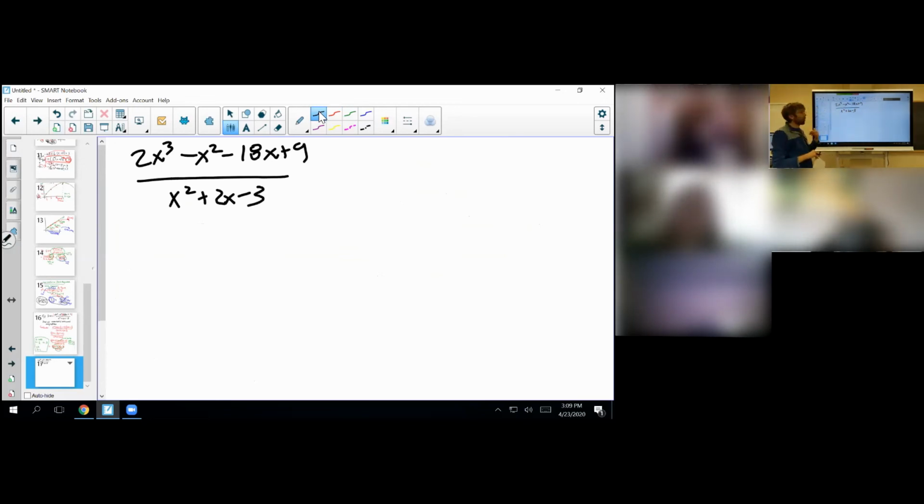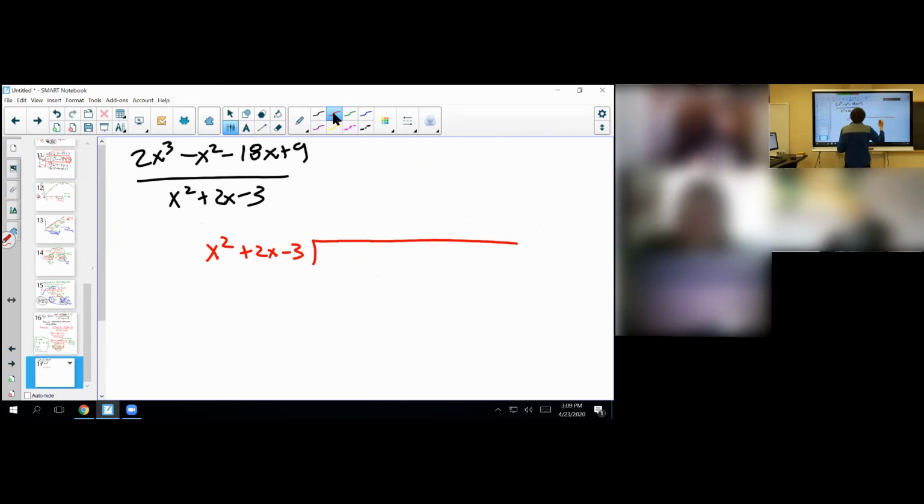And to find the horizontal or the slant asymptote, I just set up a long division. Like this.